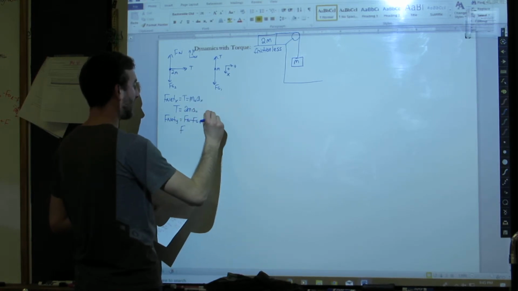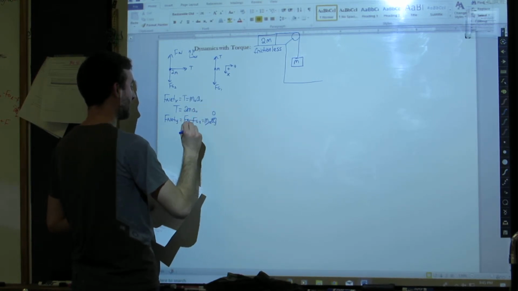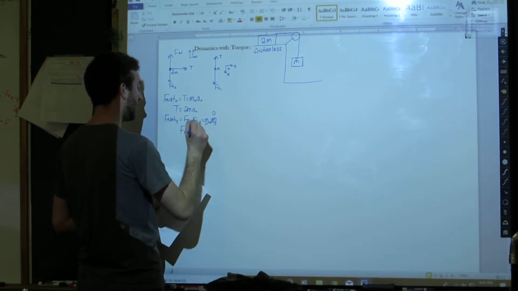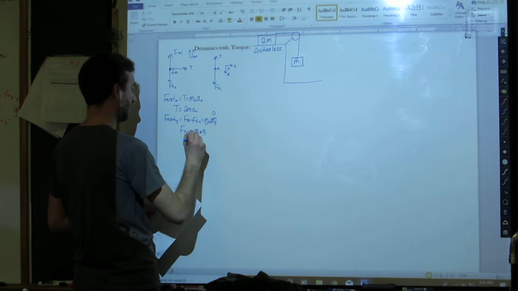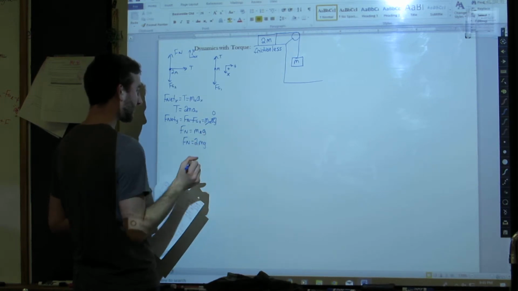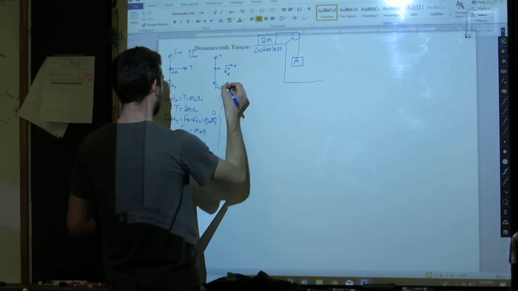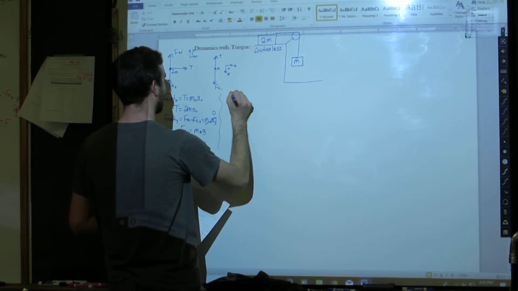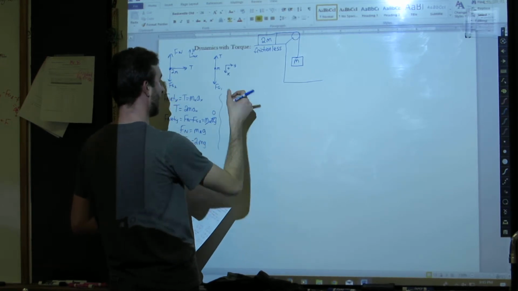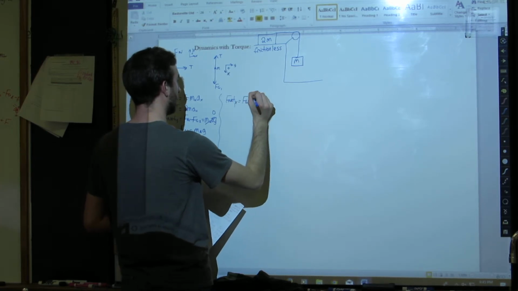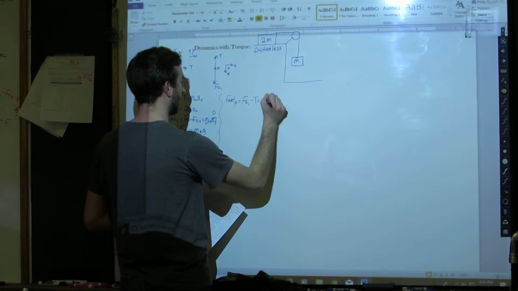We know it's not accelerating in the y direction, so Fn equals m2 g, Fn equals 2mg. Over here, for this object, we have F net in the x direction is Fg1 minus tension equals m1 ax.